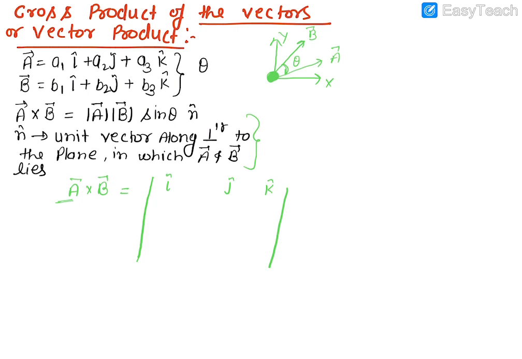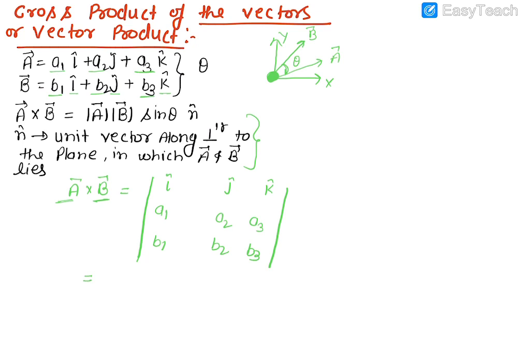So for vector a, the i cap coefficient is a1, the j cap coefficient is a2, the k cap coefficient is a3, right? Similarly, for vector b, I have to write all the coefficients of i, j and k. So the i cap coefficient is b1, the j cap coefficient is b2, the k cap coefficient is b3.